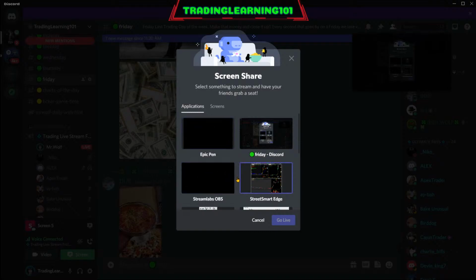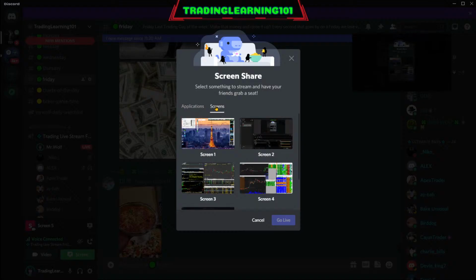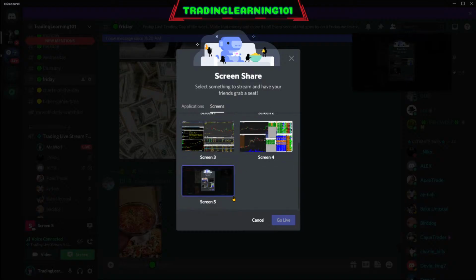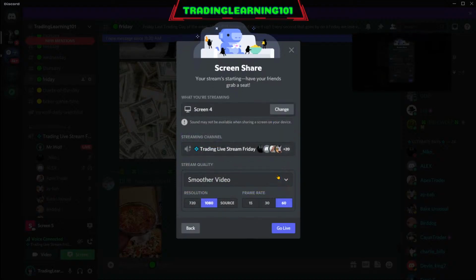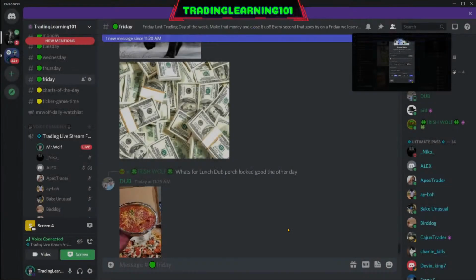This is going to pop up. And then from here, you're going to see application, screens. You're going to click on screens, and it's going to show you every monitor that you have. Select what monitor you want to stream. So let's say I want to switch to this one. And then you'll pick your resolution, your frame rate, and you'll click go live.